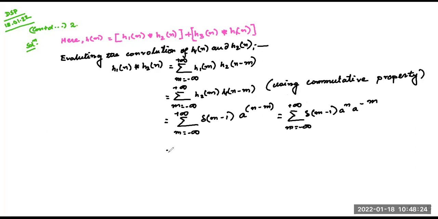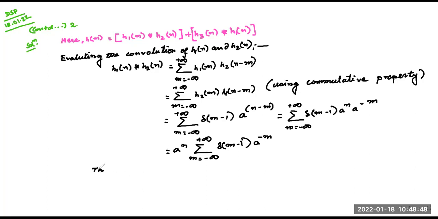Now I will take out a to the power n outside. Then I give the summation of m equals minus infinity to plus infinity delta m minus 1 into a to the power minus m.